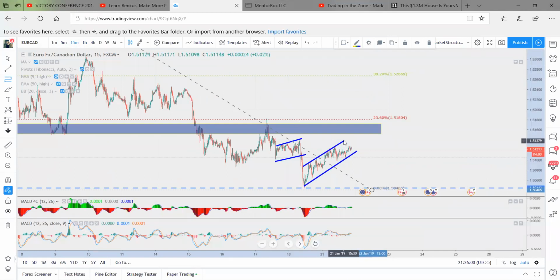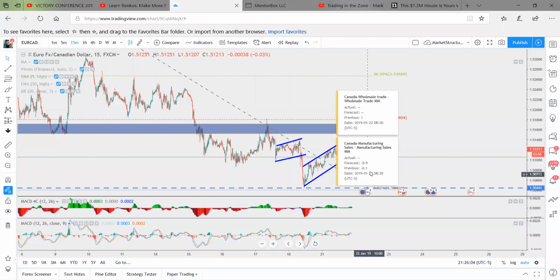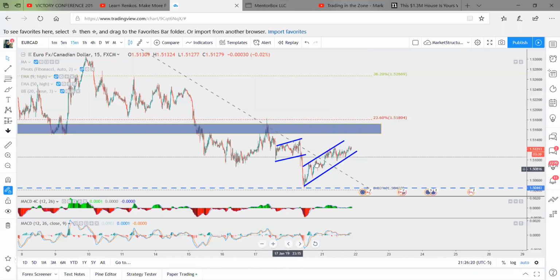It's going to consolidate until news. Let's see. We have news tomorrow. Canada has an orange folder, so that'll move it. The forecast is 0.9. The previous was 0.1, which means CAD would go up and this pair would go down. If that holds true, it'll drop tomorrow.